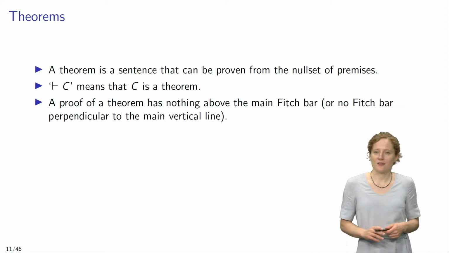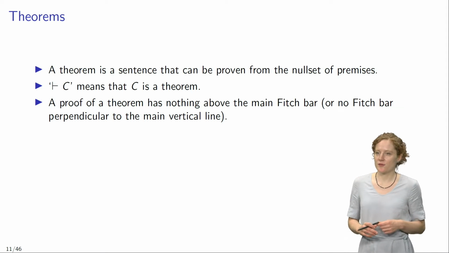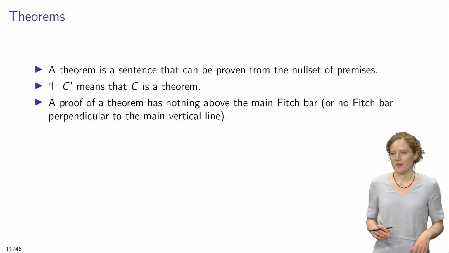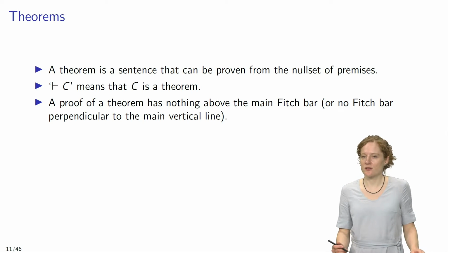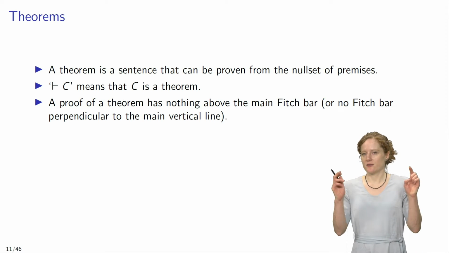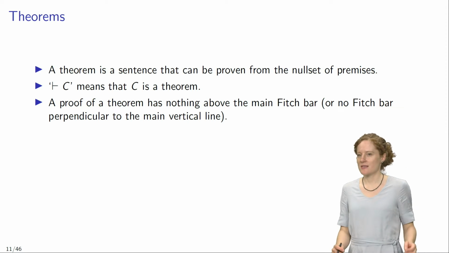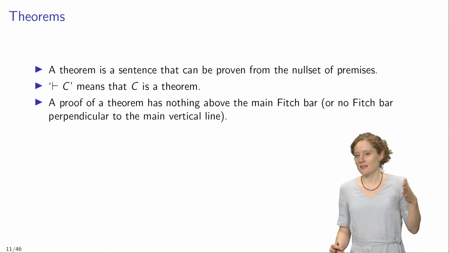Now, a theorem is a sentence that can be proven from the null set of premises. And we can express this property using the turnstile. So when I say turnstile C, that means that C is a theorem. And you can see that here to the left of the turnstile, there's nothing, no further sentences to the left of the turnstile.